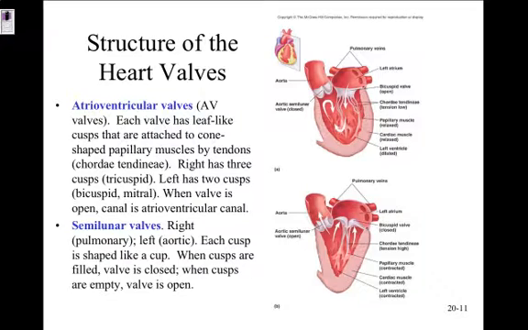The left one, going into the aorta, is called the aortic semilunar valve. The name is based on the vessel it opens to. Each cusp is shaped like a cup; when the cusps are filled, the valves are closed, and when the cusps are emptied, the valves open. The bottom picture shows those 2 valves.